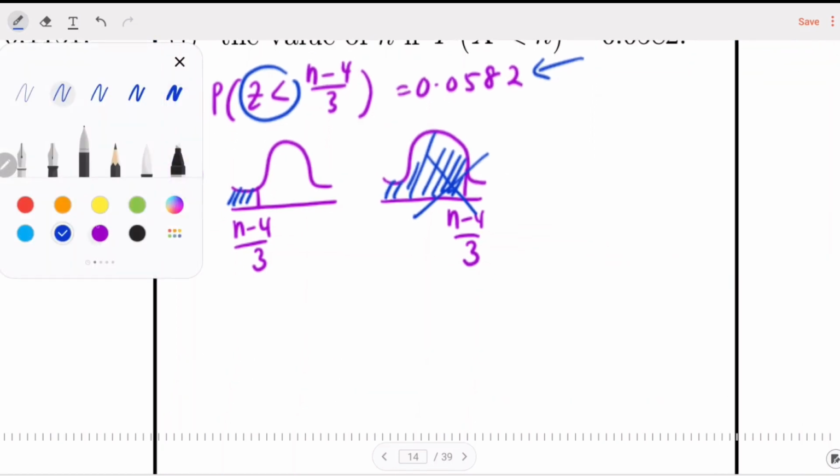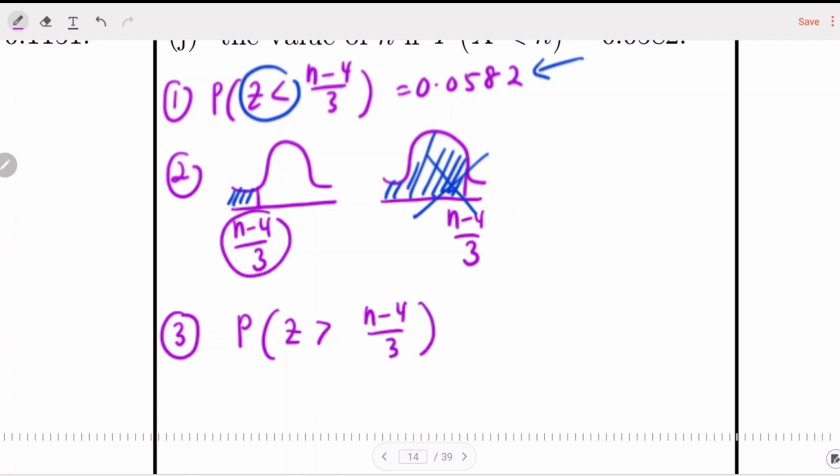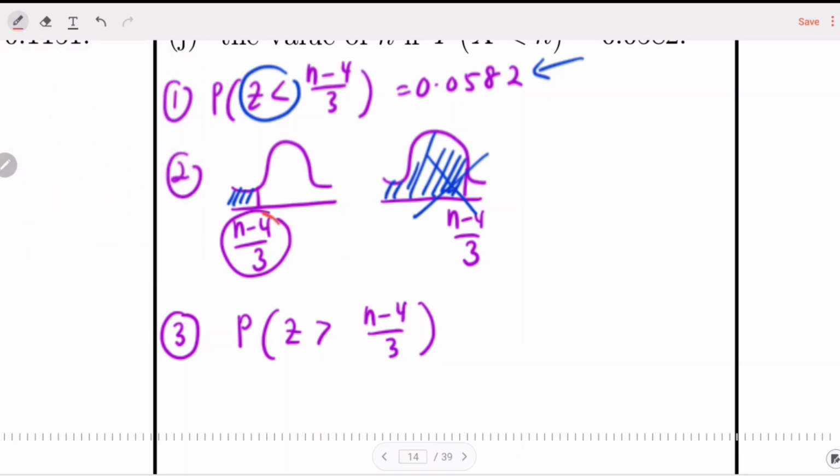Then we proceed to the third step, which is to identify whether we need to put 1 minus or not. Since we didn't shade the middle part of our bell shape, we don't need to put 1 minus. Instead, we just take the probability of Z greater than this value here, n minus 4 over 3. But we need to remember that the value of Z on the left side is negative, so we need to put a negative here.